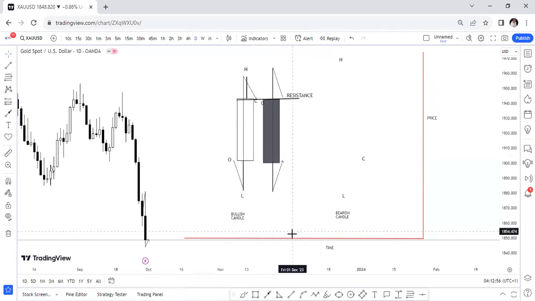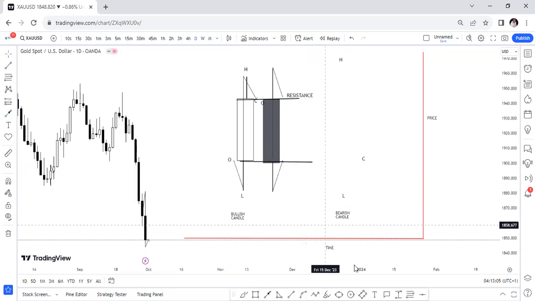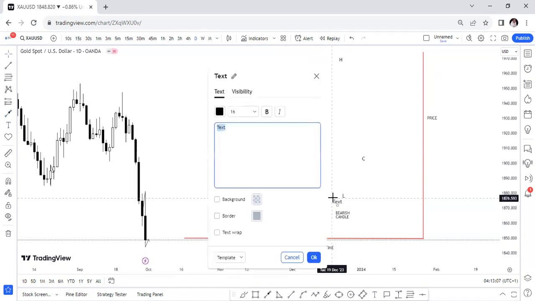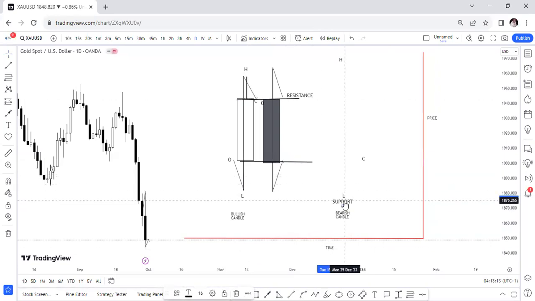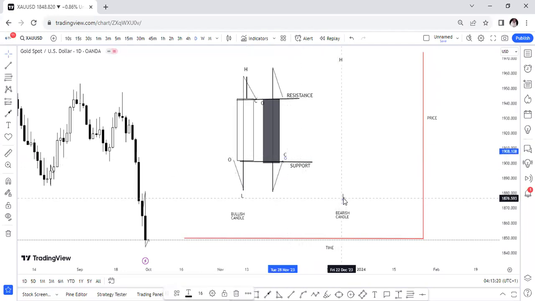This is the support level, where the market opens and closes. Close the high.